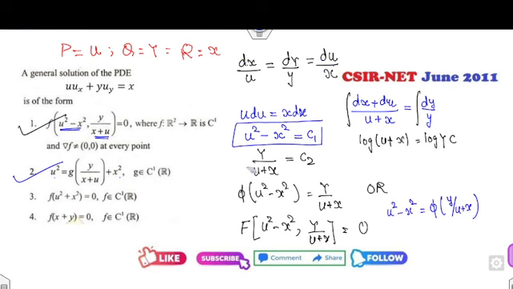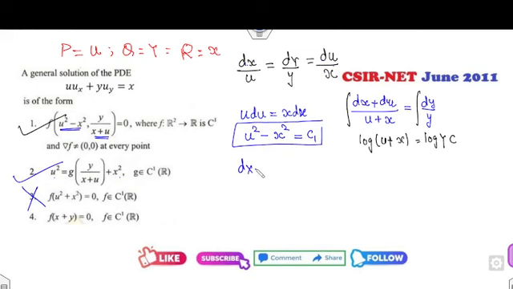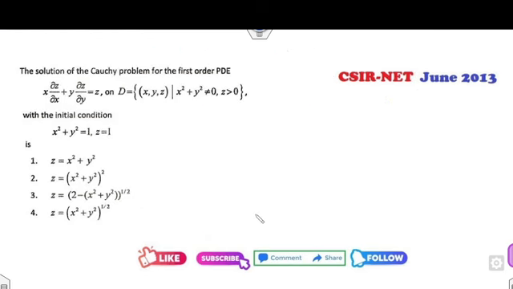U square plus x square is a 0, but we have a u square plus x square. x plus y. How you can make them as x plus y? You can start with the dx plus dy. What is the x plus dy? Fine. The remaining one is, so can you separate the variable? It is not possible. So that means this is not the right answer. A and B are the correct options.